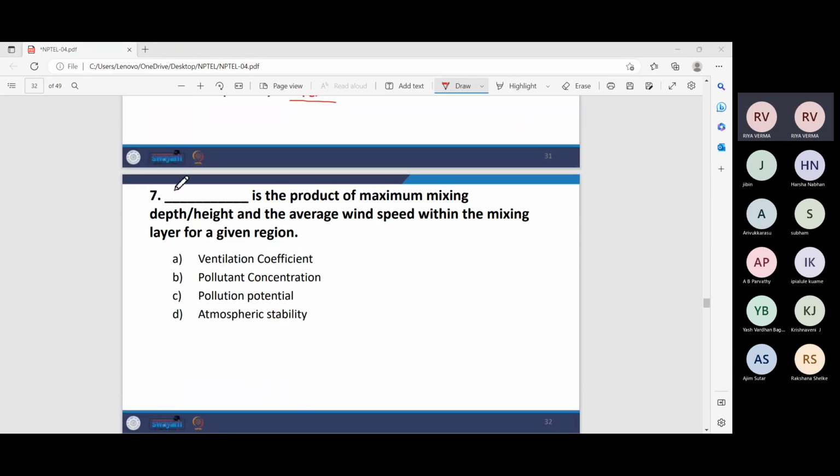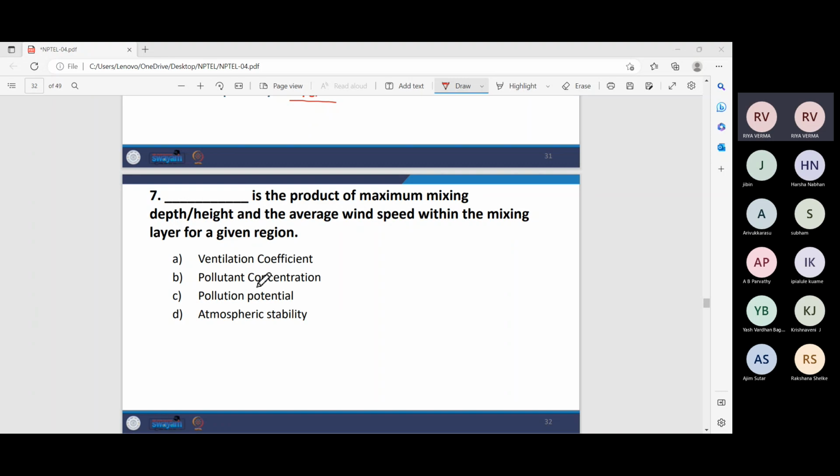Now next question. Dash is the product of maximum mixing depth or height and the average wind speed within the mixing layer for a given region. Option A is ventilation coefficient. Option B is pollutant concentration. Option C is pollution potential.